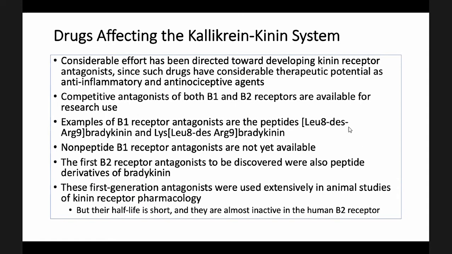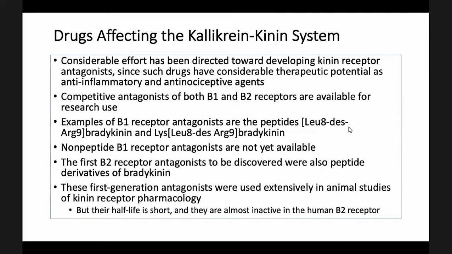An example of your B1 receptor antagonists is your leucine 8, des-arginine 9. They are all still under research. And then you have your non-peptide B1 receptor antagonists, but these are still not available.